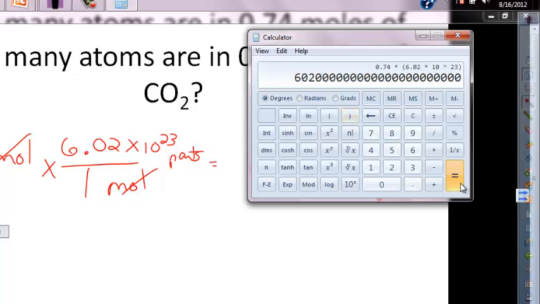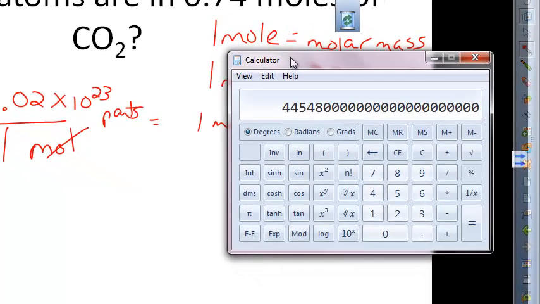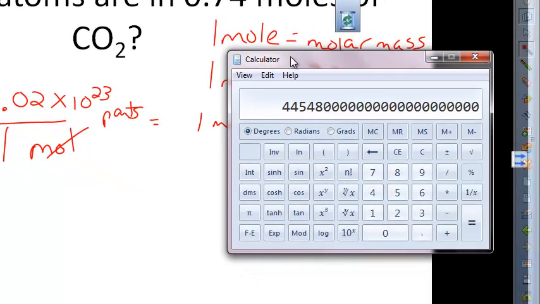We're going to hit equal. So we got 4 point blah, blah, blah, a whole bunch of numbers, right? So we're obviously going to have to write this one in scientific notation, my friends. Your calculator might give it to you in scientific notation. My little calculator on the computer does not, so we will have to convert it ourselves.